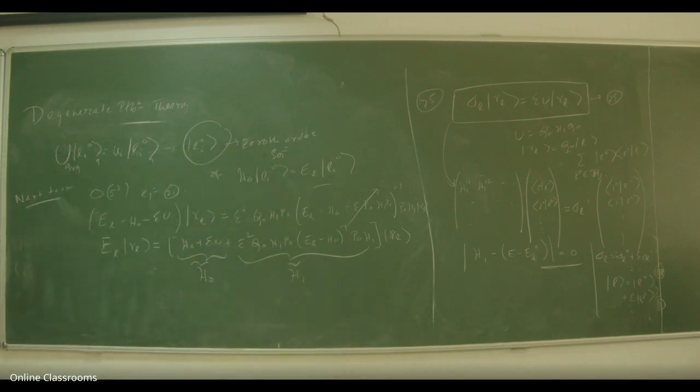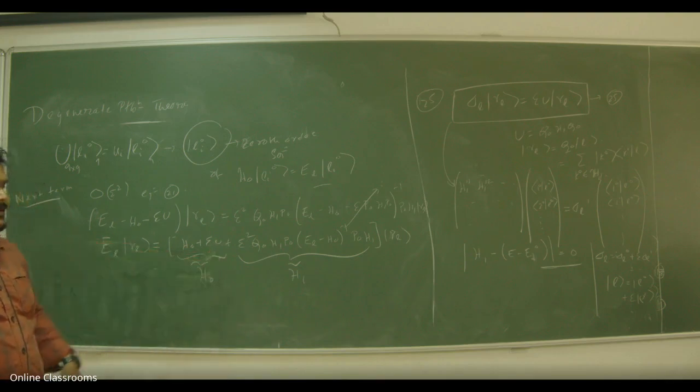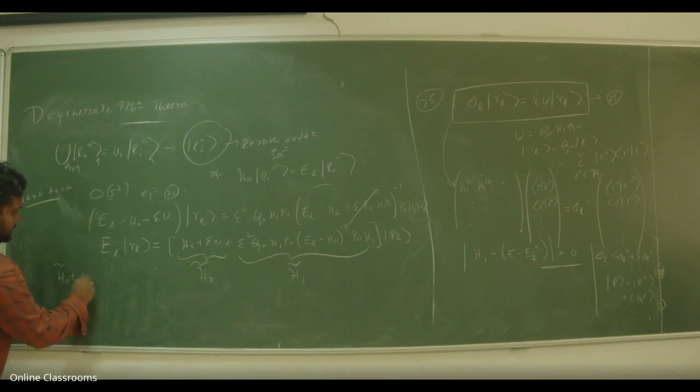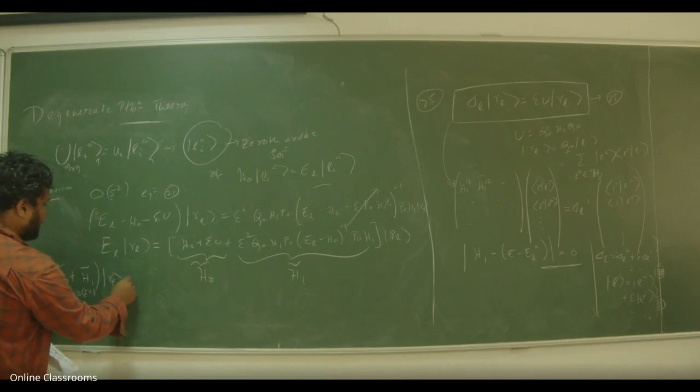And I know the solution of this problem already, right? So now I have a new perturbation theory problem, which is H naught plus H1. This is up to order epsilon, and this is order epsilon square, because this has this extra term. So I have to solve this new perturbation theory problem by the same protocol.